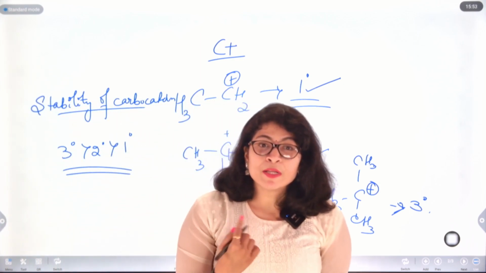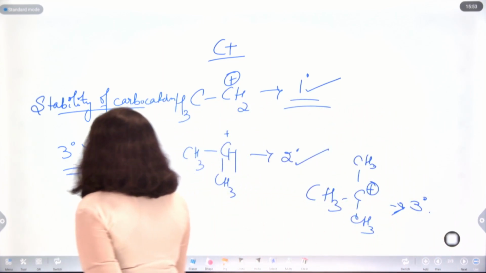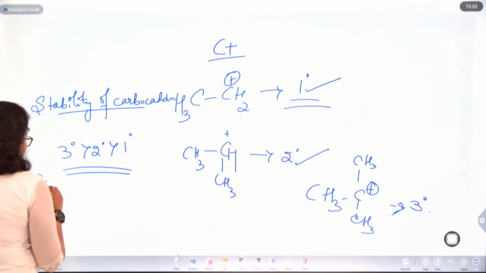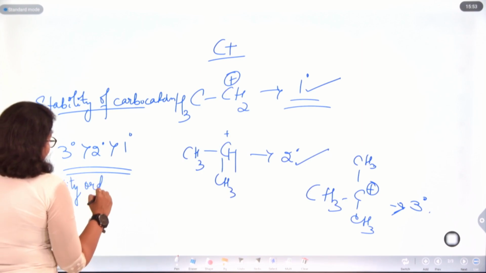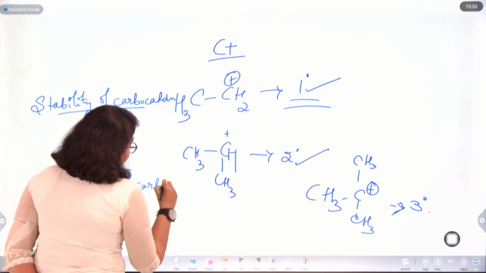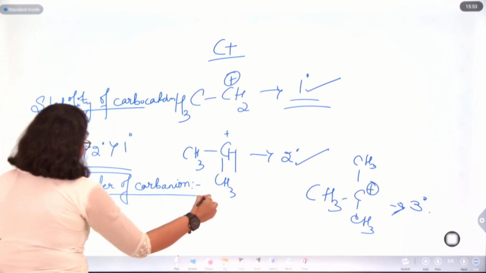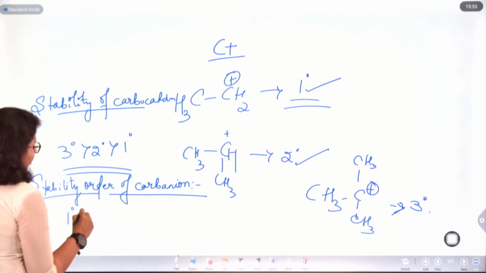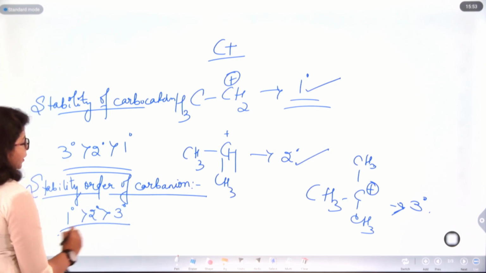If I see carbanion, it is just the opposite of carbocation. If I say the stability order of carbanion, the order becomes 1 degree greater than 2 degree greater than 3 degree.